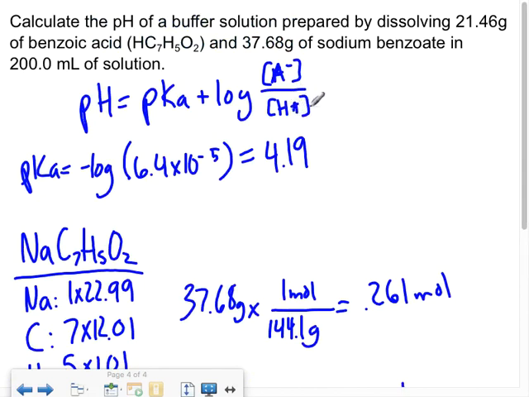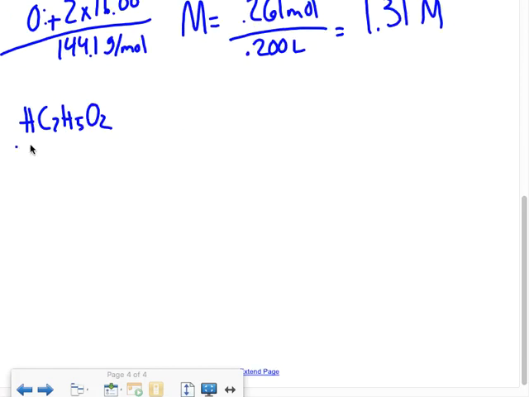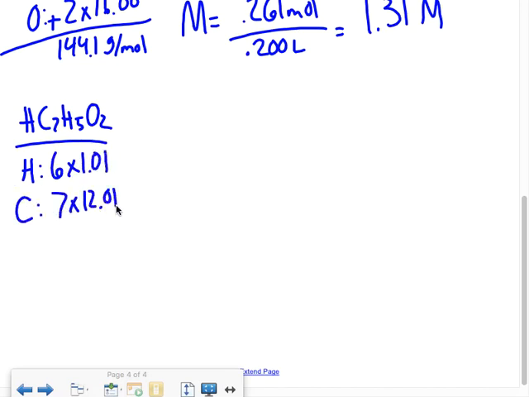So let's find the molar mass of our acid. We have 6 hydrogens, 7 carbons, 2 oxygens. That adds up to 122.13 as our molar mass.